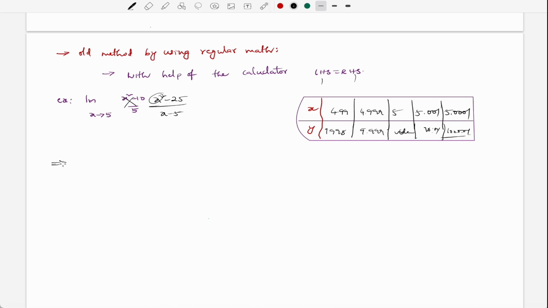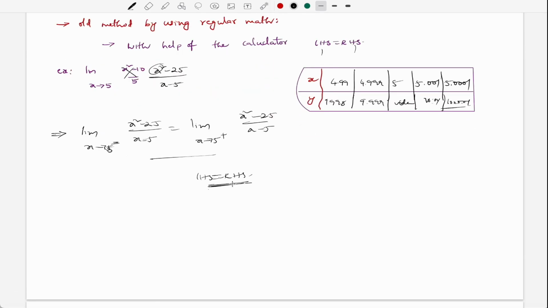So we conclude that if the limit from the LHS is equal to the limit from the RHS, then we can say we find our limit, if it is continuous. I hope you have a basic understanding, right?